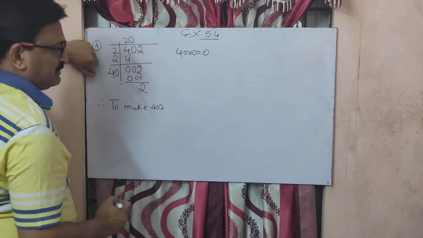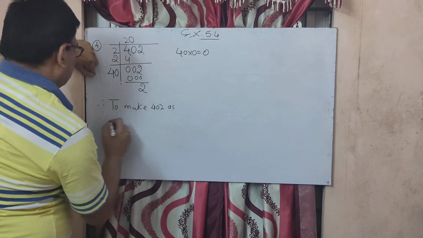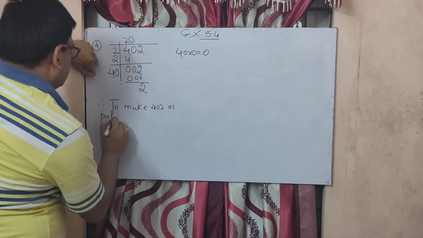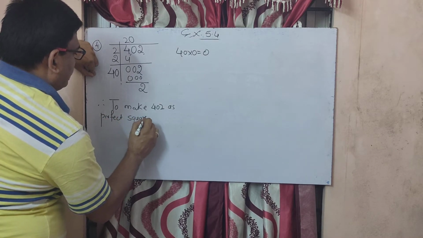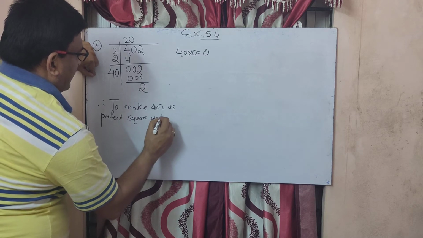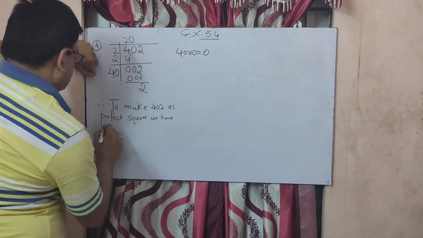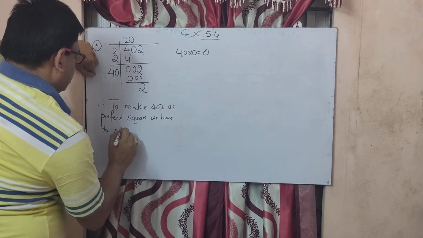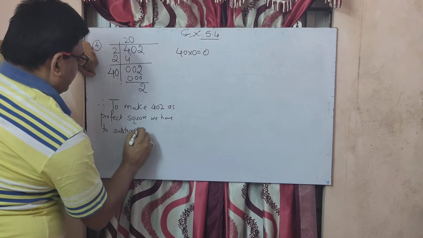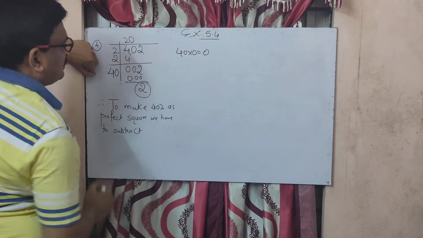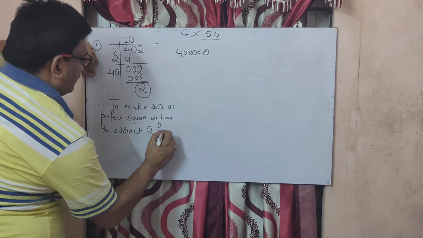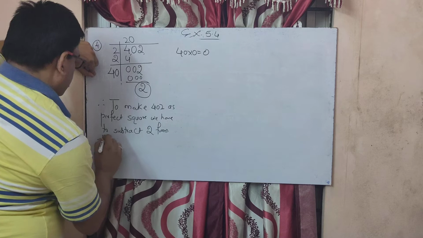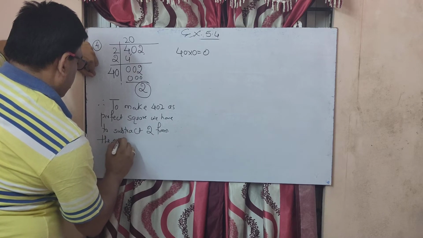So to make 402 a perfect square, we have to subtract, what is the remainder? 2. We have to subtract 2 from the given number.